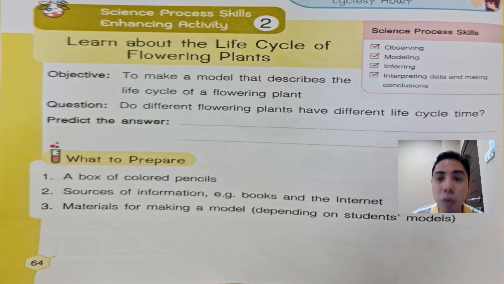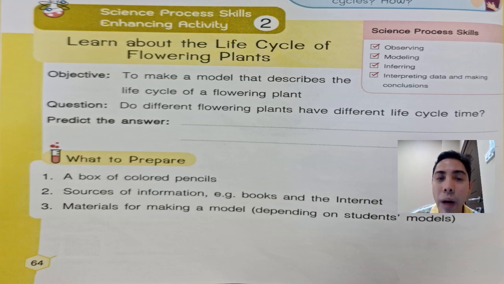They do not grow at the same time. There are some plants or flowers that can grow very fast, and there are other plants that can grow very slow. It will take them a longer time to grow and become a big plant or a big tree.